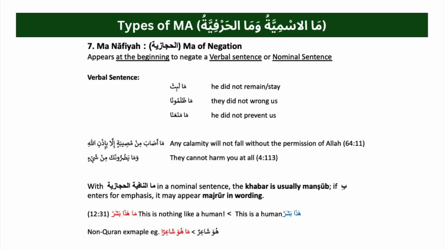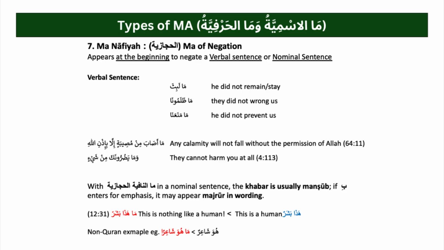Now the slide moves to an important second side, ma nafiya al-hijaziyya, in a nominal sentence. Here, the slide explains a very important rule. When ma nafiya al-hijaziyya enters a nominal sentence, the khabar is usually mansub. However, if ba enters for emphasis, the khabar may appear majroor in wording.